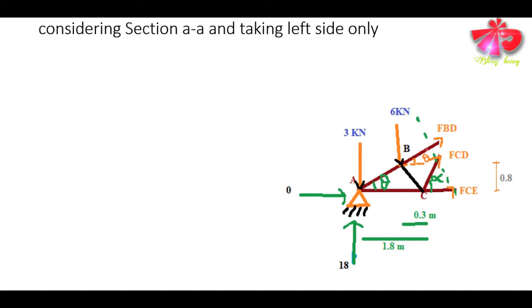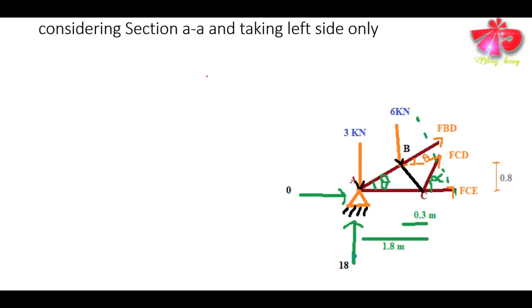Again, we have assumed that all these forces that are occurring in the chord section are tensile in nature, and on further computation, if these forces come out to be negative, then they shall be written as compression. Okay.